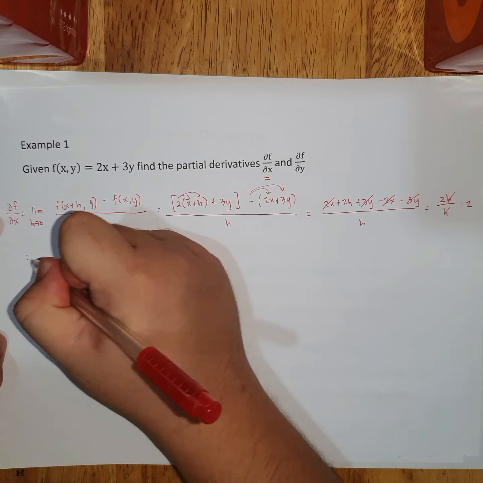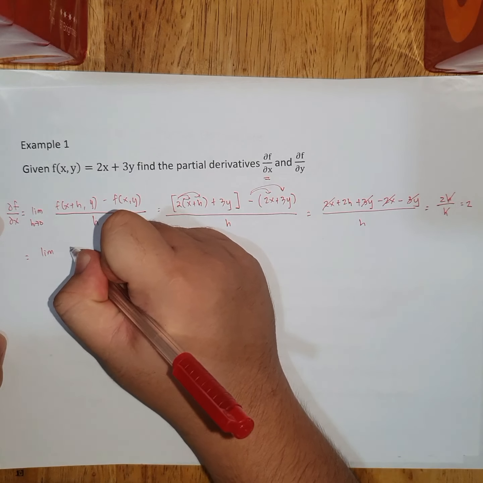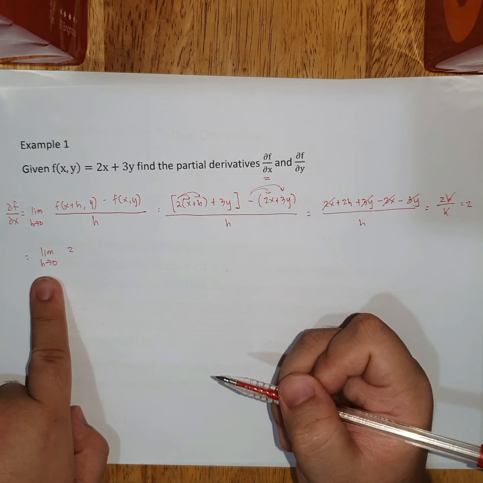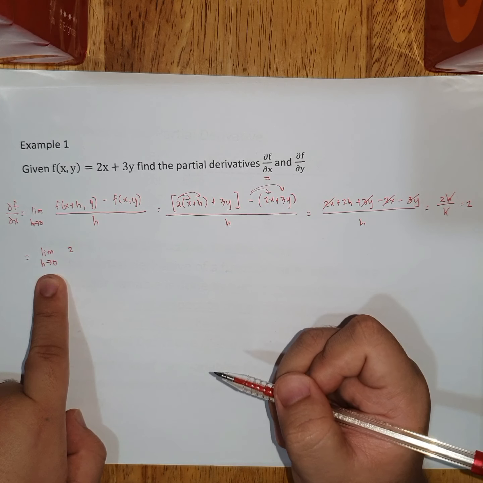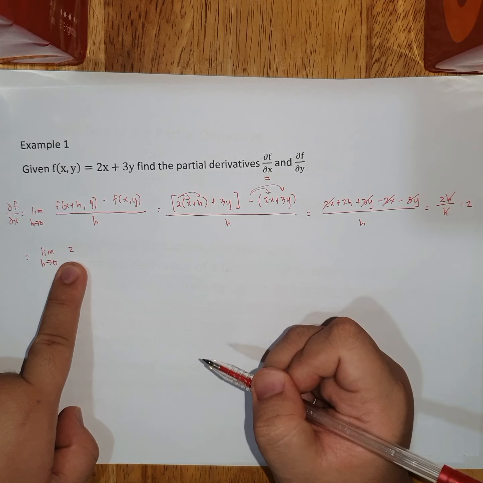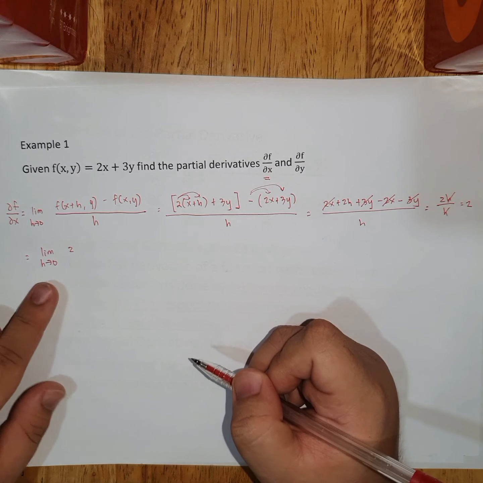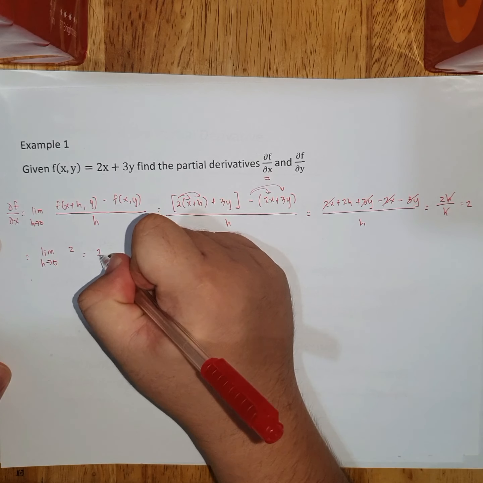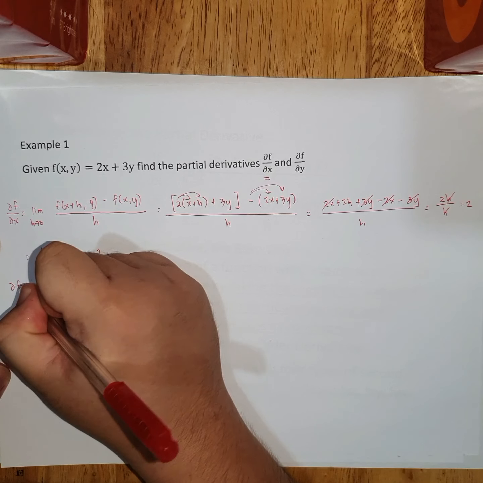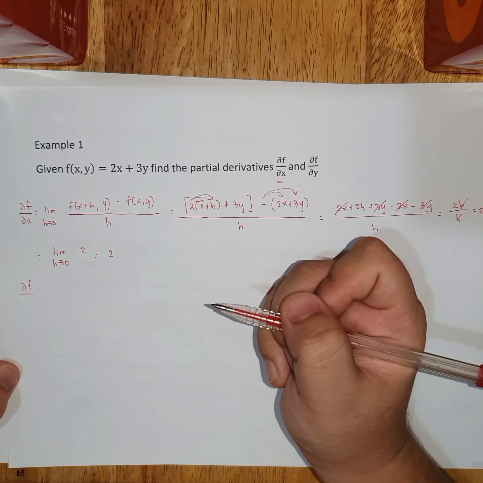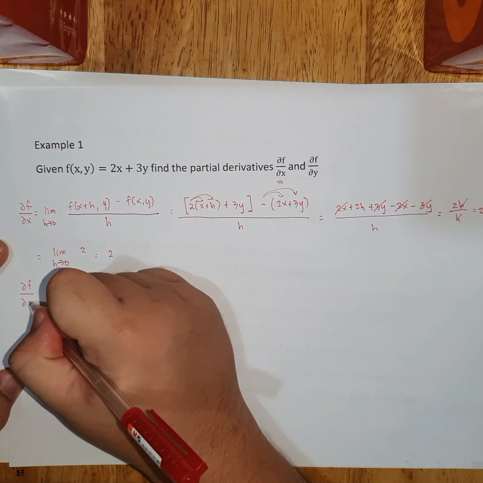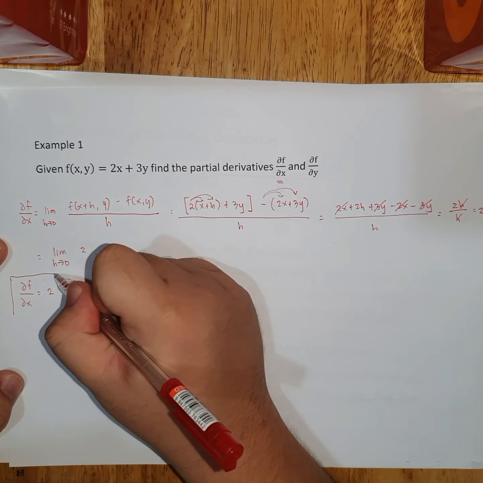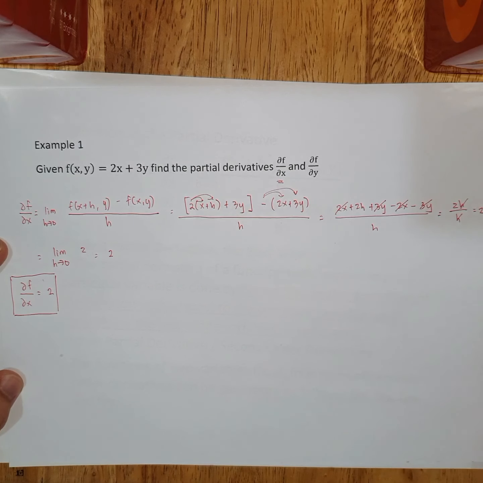So what remains is the limit of 2 as h approaches 0. Since this is a constant, by the property of limits, the limit of a constant is the constant itself. So it equals 2. This means our partial of f with respect to x is 2. That is our answer for the partial of f with respect to x.